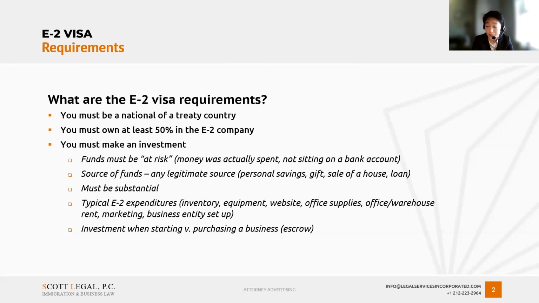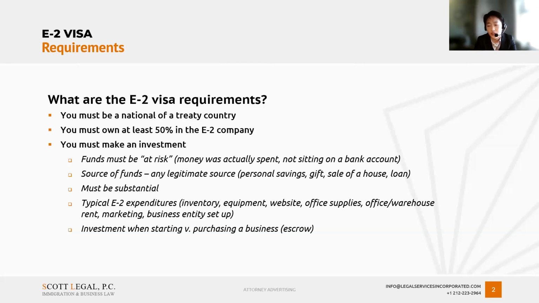For example, India, China, and Russia do not participate in the E-2 visa program. However, if you are a dual national of a non-treaty country and a treaty country, then you could use the treaty country's passport to apply for the E-2 visa.